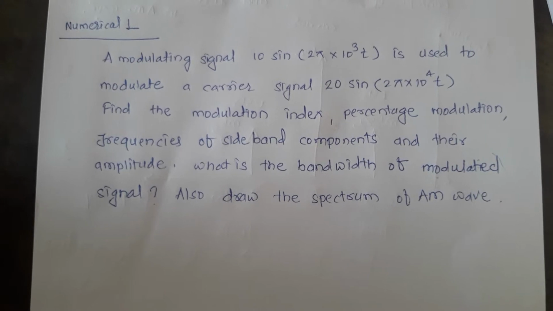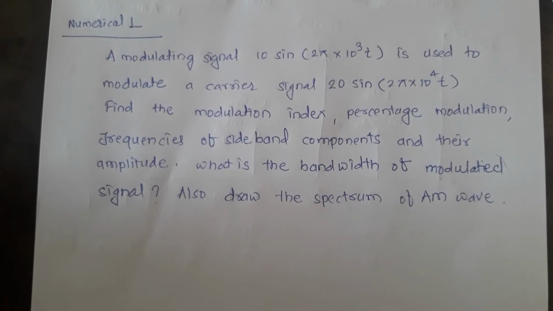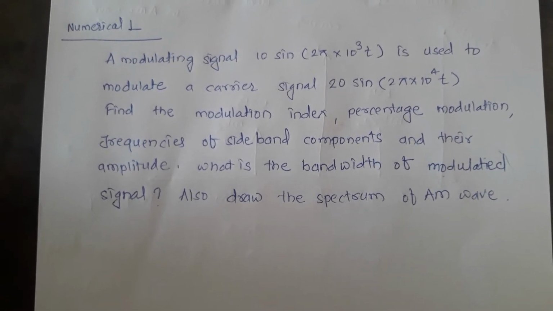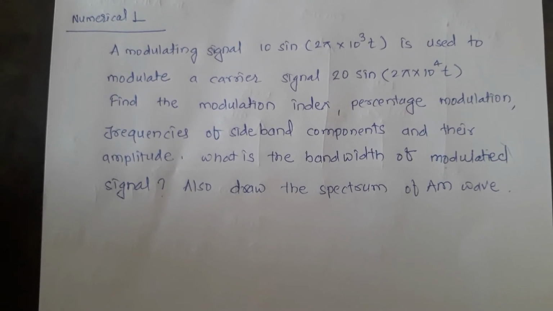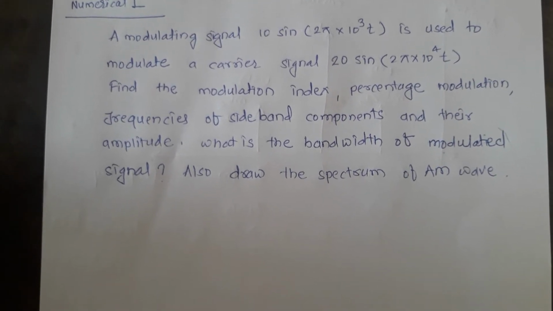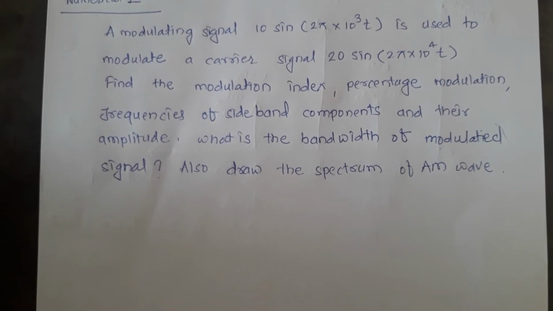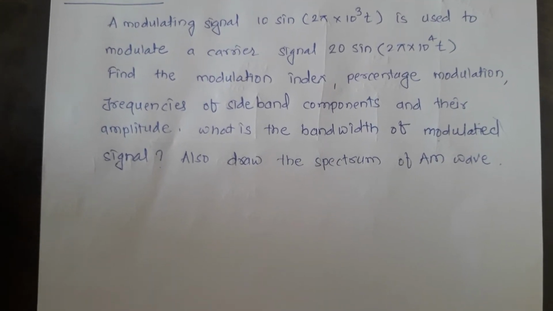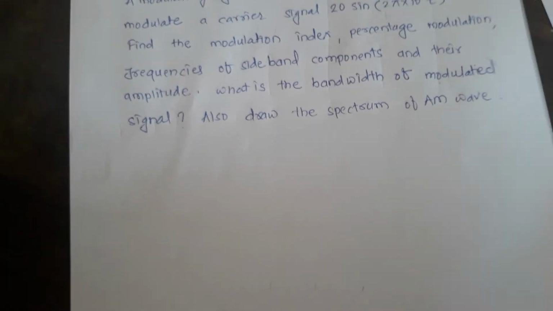The modulating signal's equation and the carrier signal's equation are given to us, and according to this information we have to calculate the modulation index, percentage modulation, frequencies of sideband components and their amplitude. Also we have to calculate the bandwidth of the modulated signal and draw the spectrum of AM. So step by step we'll discuss how to solve such numericals.